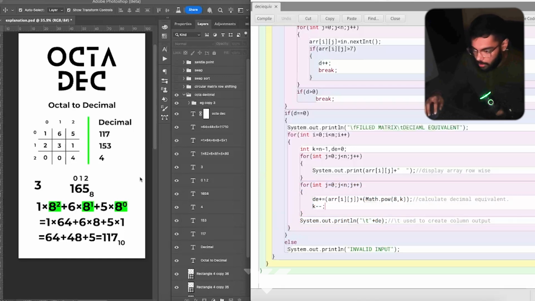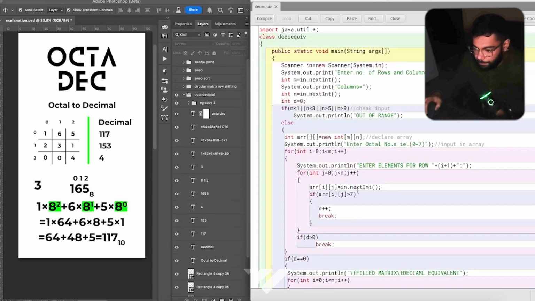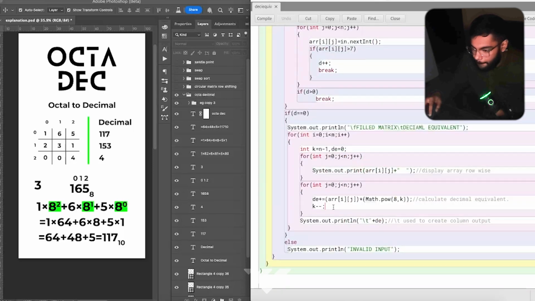As I told you already, k will start at the number of columns, like n minus 1, and d is equal to 0. With n minus 1 it will extract the first digit, and k will keep decreasing.